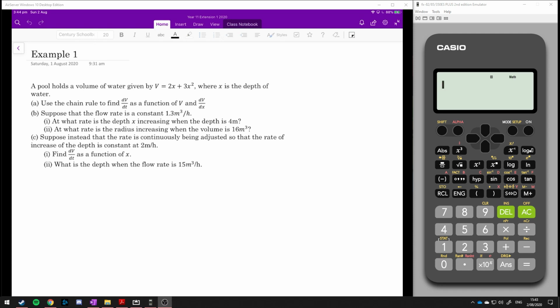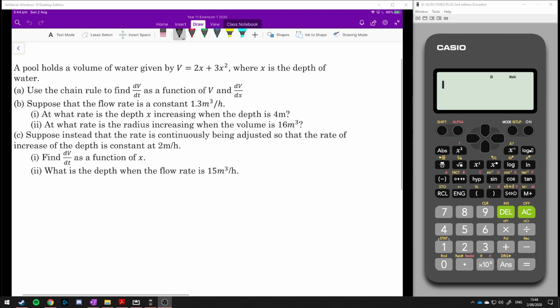And suppose instead the rate is continuously being adjusted so the rate of increase of the depth is 2 kilometers per... Oh, it's hour. That makes more sense. So it's 2 meters per hour. So find dV/dt as a function of x, and what is the depth when the flow rate is 15 meters cubed per hour? Okay, well, let's start off with part A.